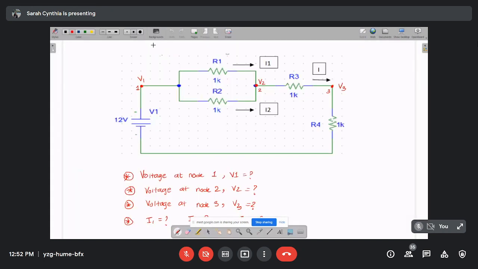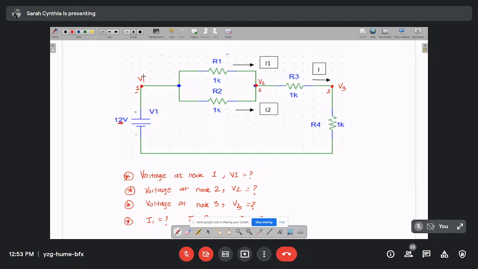Okay, so this is the circuit. So what did I say? I said that in order to find out the current values I1, I2, and I, we have to find out the voltage values as well. So we have to measure the voltage at node 1, which is the voltage of the voltage source.